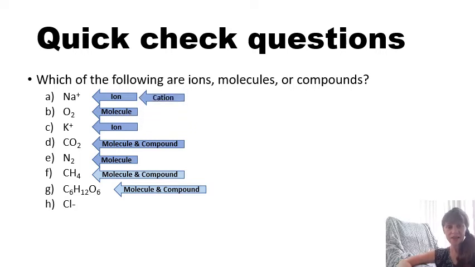Sodium, as I mentioned before, because it's got a positive charge, is also a cation. Potassium is a cation. Chlorine is an ion, however, it's negatively charged, so it is an anion.